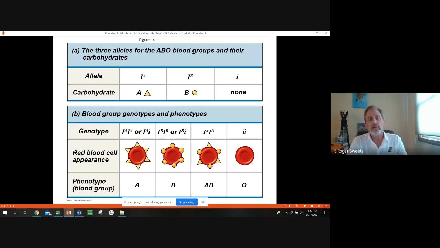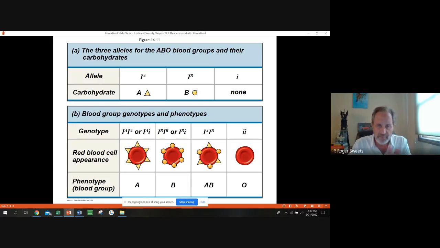So when we talk about just expressing this as simply as we can with these nice little circles and triangles right here, obviously it's going to be more complex than that, but for our purposes, these symbols will do. So if you have this A allele, then the A allele will produce a certain shape of a carbohydrate that exists on the outside of your blood cells.